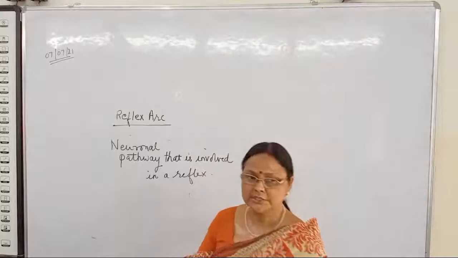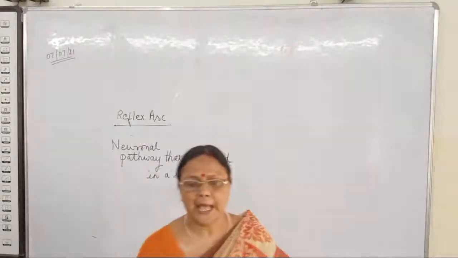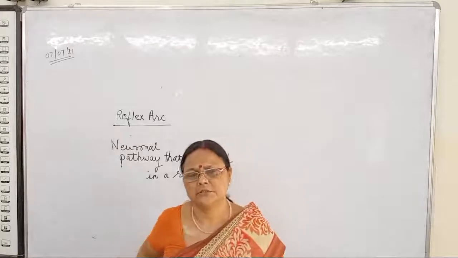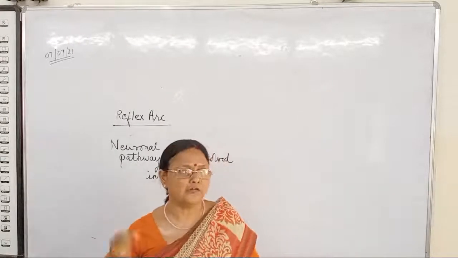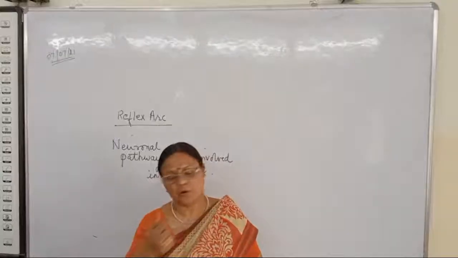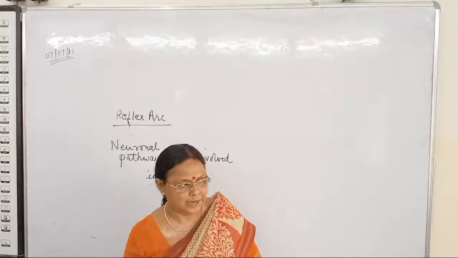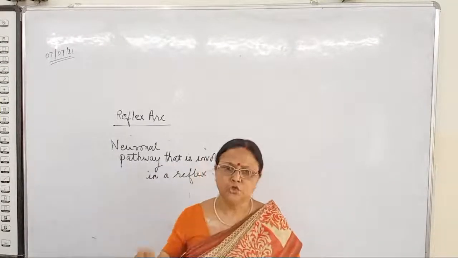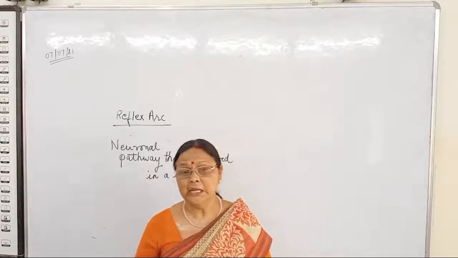Now these neurons are connected, I told you, with the synapse, and for each and every action there is a pathway that is particular for each action or reaction or response or behavioral response, whatever it is. The brain has a peculiar pathway through which the message comes into the brain and goes out of the brain.